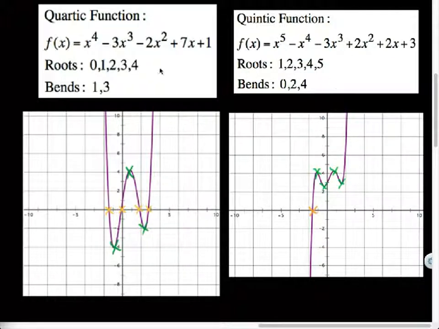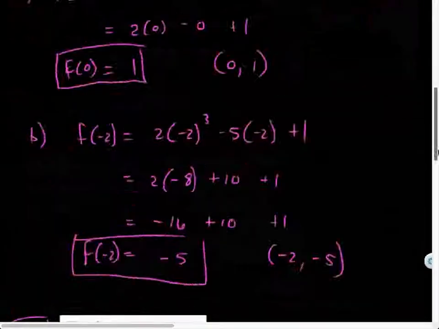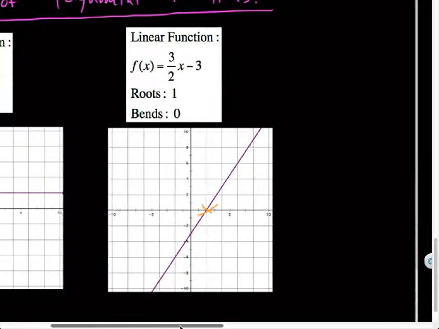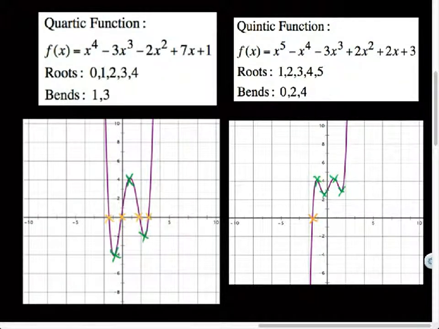Right? 5 and 5, 4 and 4, 3 and 3, 2 and 2, and then even over here, technically, the degree here is 1, 1 and 1, and then this is x to the 0, and it's possible to have 0 roots. This is actually a really abstract case, so I don't necessarily consider that as interesting per se. So it turns out that the maximum number of roots is the same as the degree.